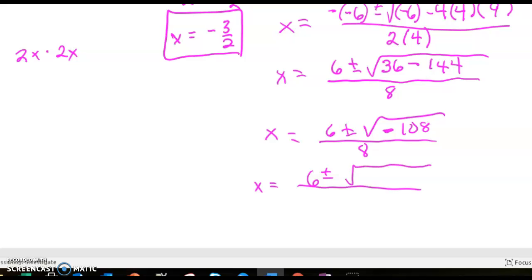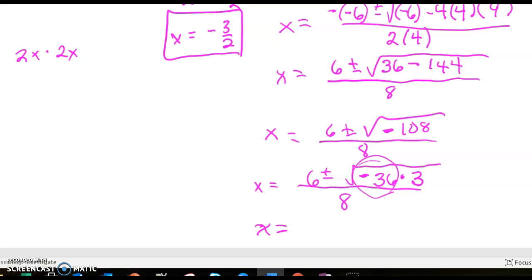I would break that down into a perfect square times the non-perfect square, like 36 times 3 is 108. I would put my negative with my perfect square because these two things are going to come out of the square root sign. I'll show you that in this step.